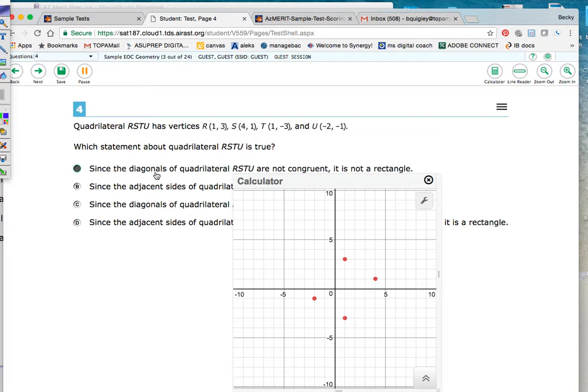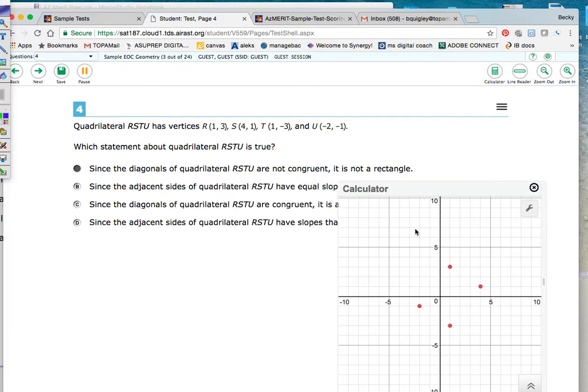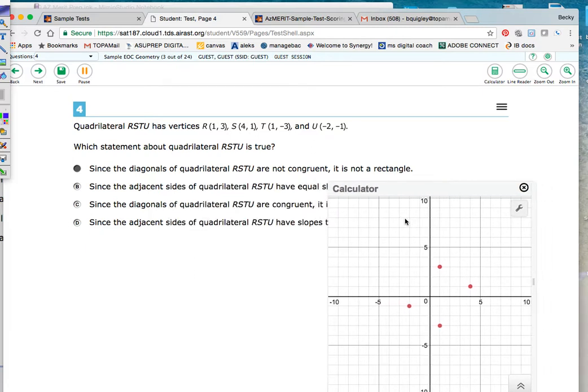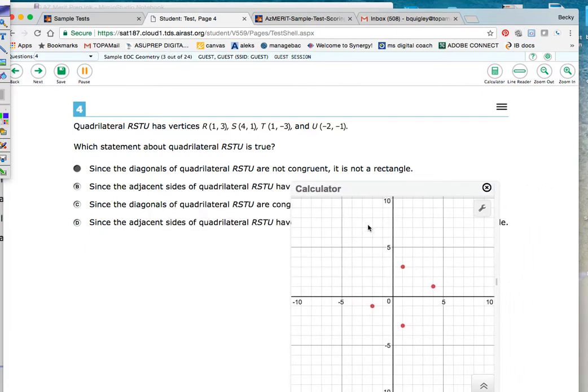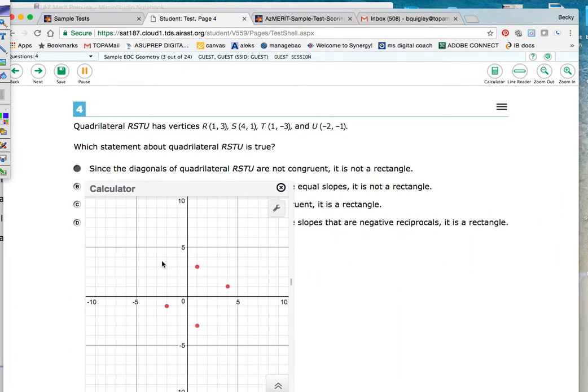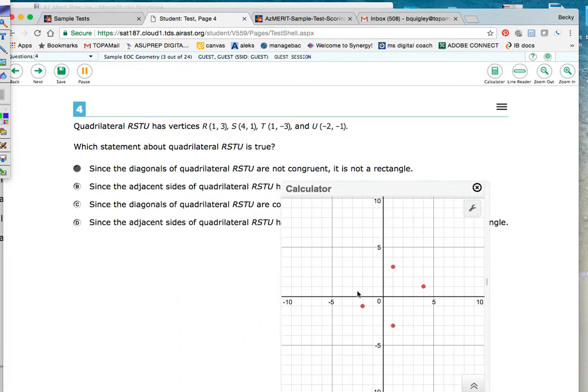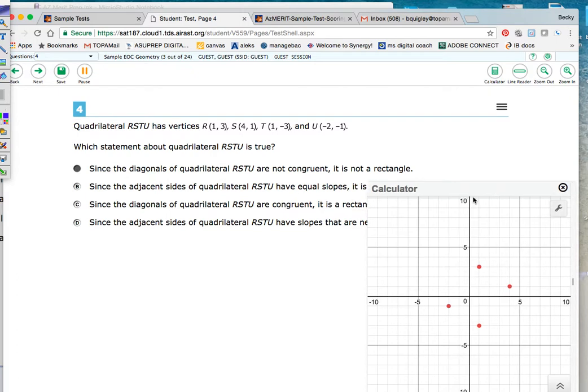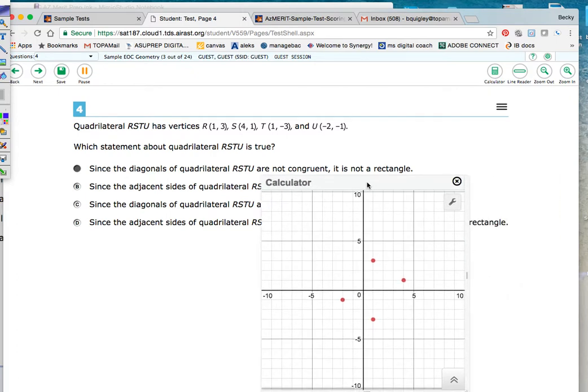Since the diagonals of a quadrilateral are not congruent, it is not a rectangle. Okay. Since the adjacent sides have equal slopes, so the sides next to each other have equal slopes, it is not a rectangle. Adjacent sides means next to, those clearly do not have equal slopes, so we can throw that answer out. Since the diagonals are congruent, it is a rectangle.